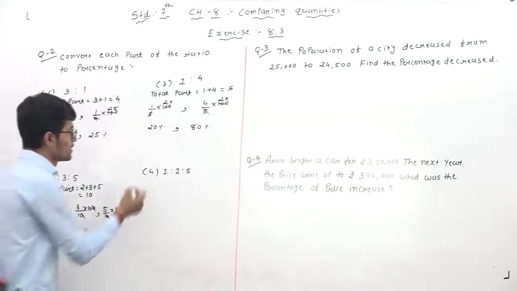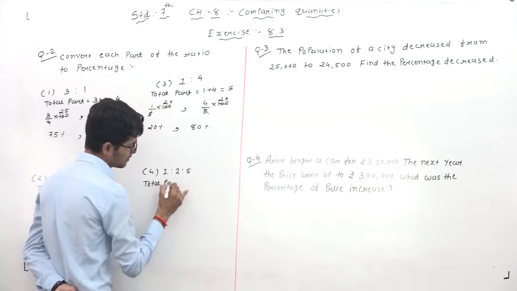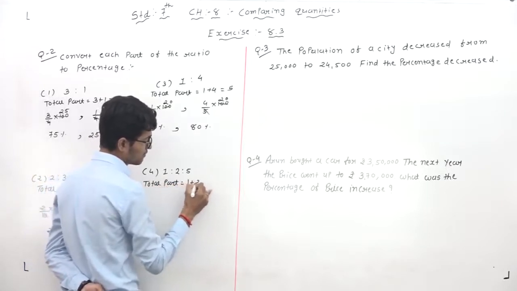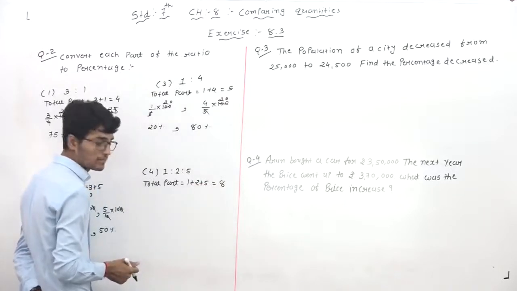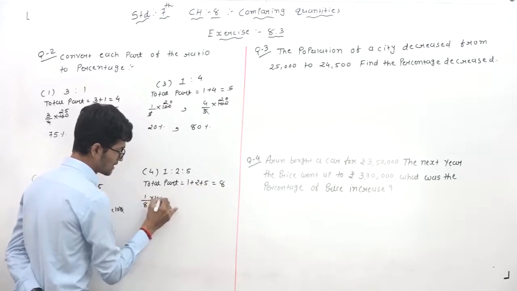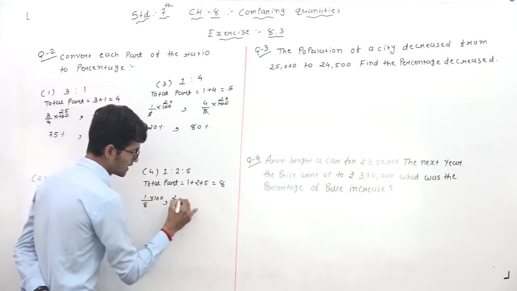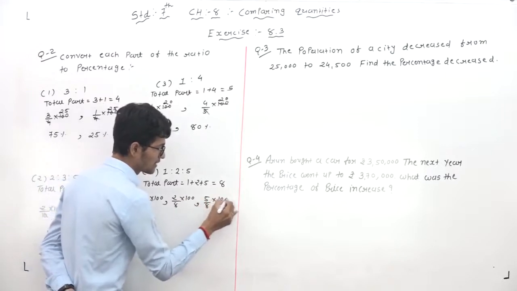Understand? Fourth one, first of all find the total part. The total part is 1 plus 2 plus 5, the total part is 8, right? Now find the ratio: 1/8 multiplied by 100, 2/8 multiplied by 100, 5/8 multiplied by 100.